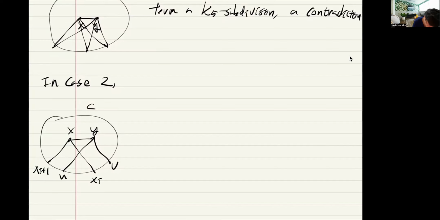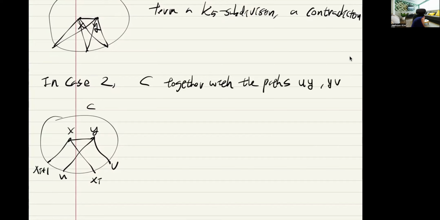Then C together with these U, V, X, X_i, X_{i+1}, Y form a K33 subdivision.